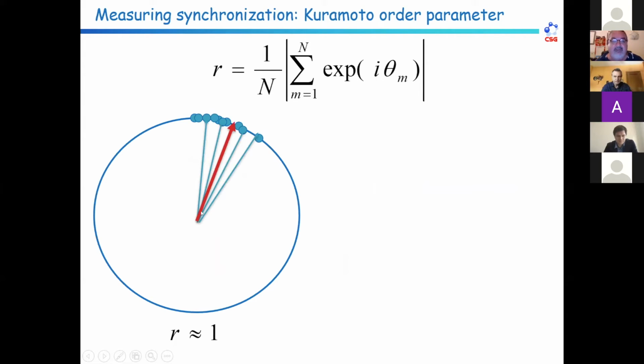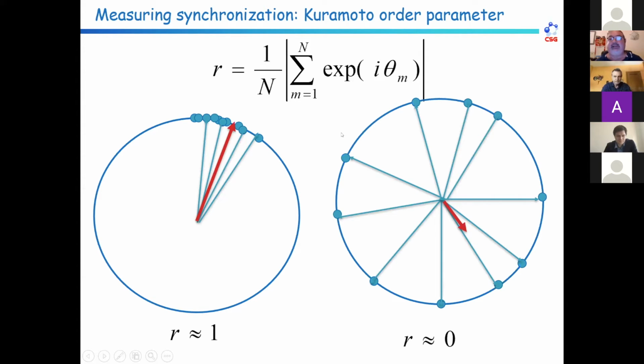So if the oscillators are all coherent, you are summing up these vectors coherently, and so you obtain that this sum has modulus almost N, and when you divide by N, you get 1. Whereas when the oscillators are in the incoherent state, they are distributed along the unit circle, so you will have a counter oscillator, a counter phase. So the two vectors are actually almost annihilating. And when you make the sum of all these vectors, you get something which is similar to 0.